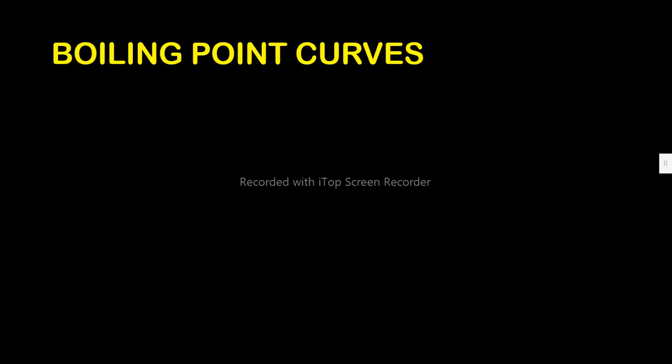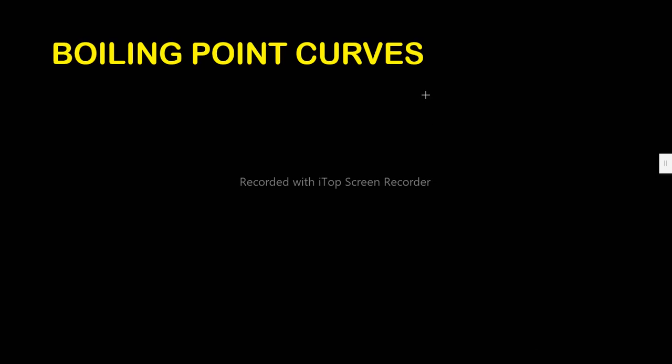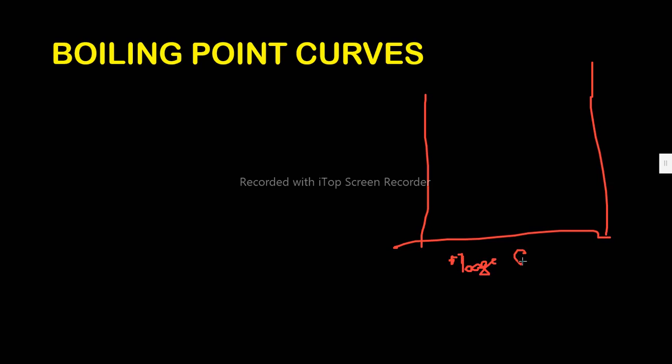So now the other one, it was a vapor pressure composition curve, where you have the vapor pressure. Okay, you have composition or percentage composition, and then you have the vapor pressure.